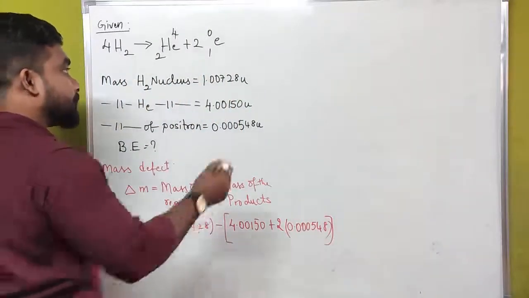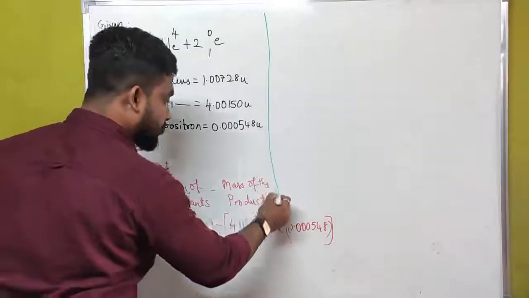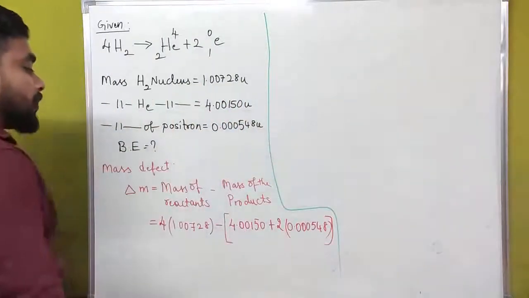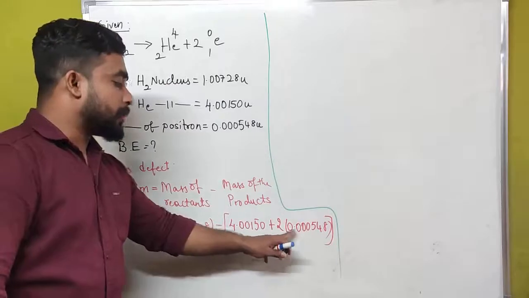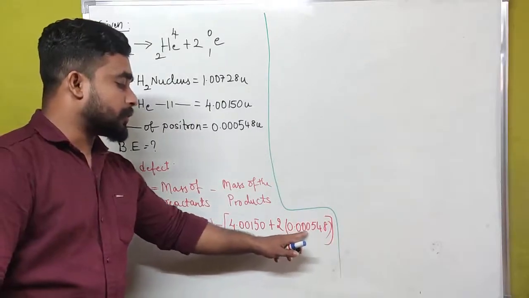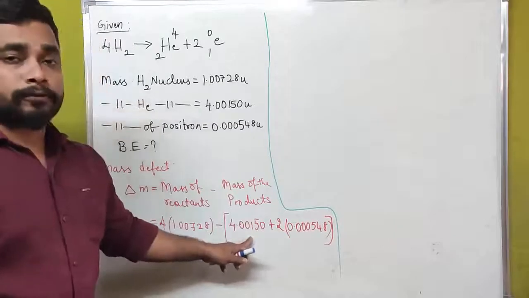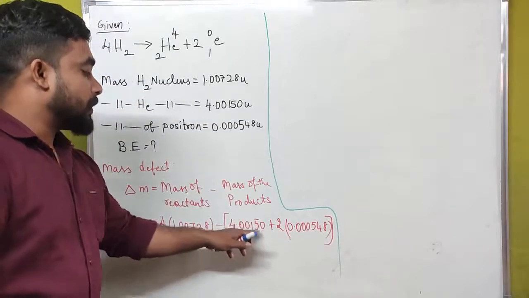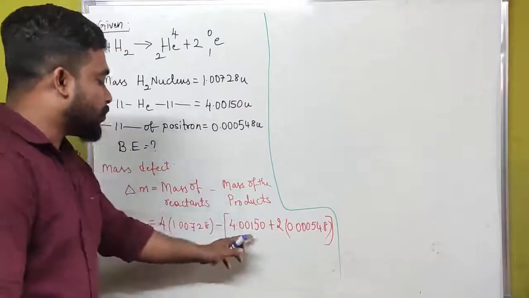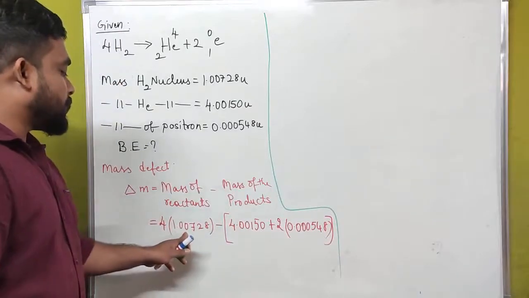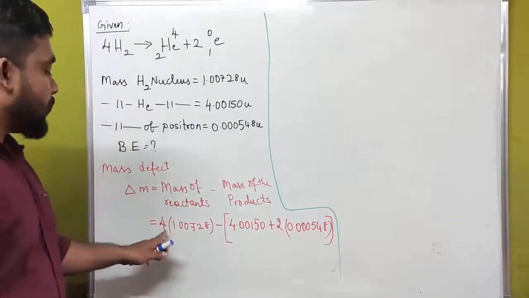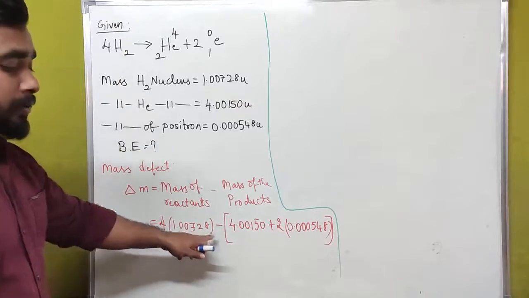Now, initially we have to multiply 2 into 0.000548, and we have to add this with 4.00150. Then we have to subtract this whole thing from 4 into 1.00728. What is 4 into 1.00728?